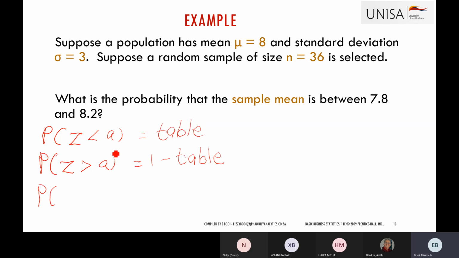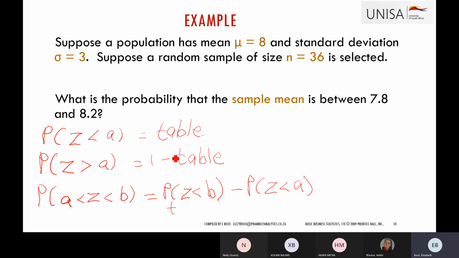If it is the probability of between, like we have, we need to remember that we have to find the probability of where z is less than the second value, subtract the probability of z less than the first value, and we go find those values on the table.